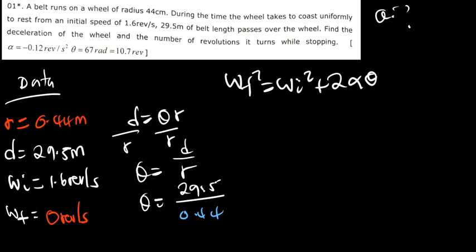Should I say we're going to find this in rad? No, we're not. It's going to be in revolution, because the question here is direct in revolution. Is it making sense?